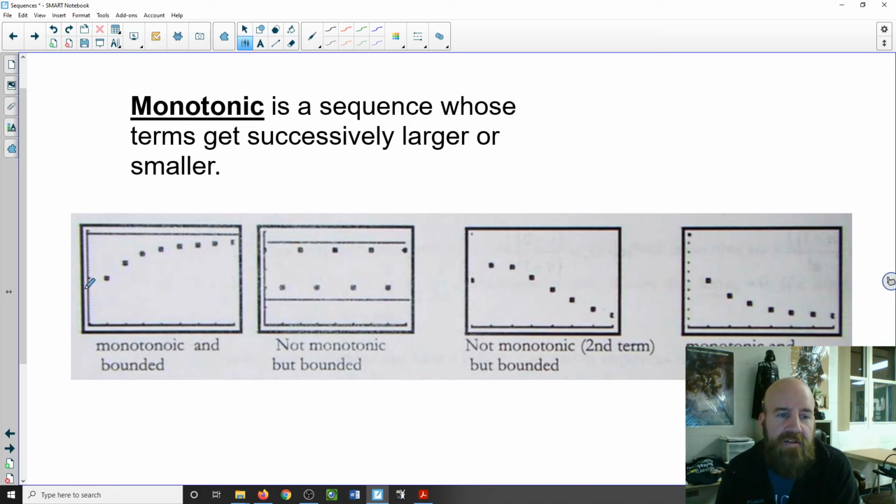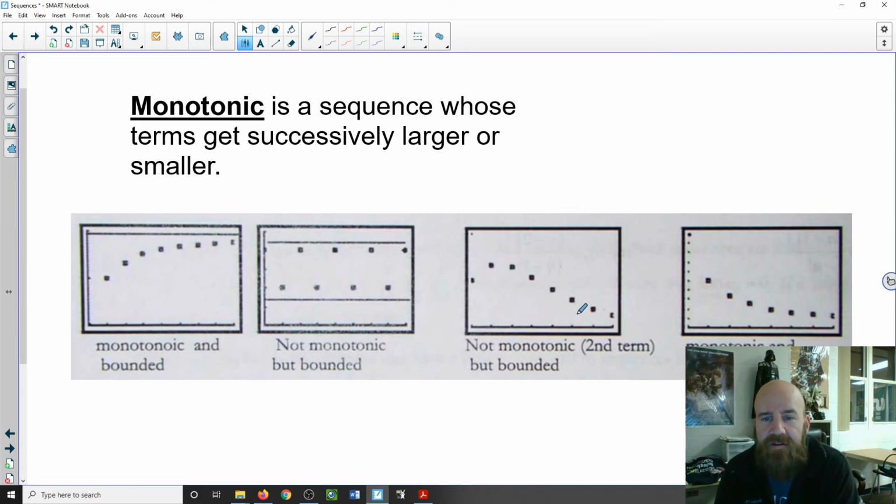So we have a smallest value and a largest value. Same thing here in the second picture. This line represents the largest value that we attain, and this line would represent the lowest value. So we're bouncing between two values, but we're never getting bigger or smaller than this value here. So both of these are bounded.